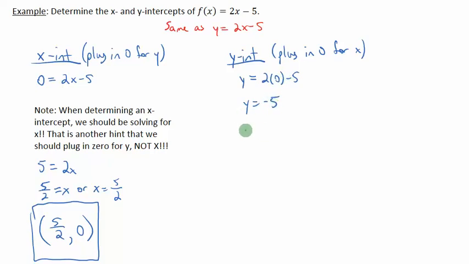So the y-intercept is the ordered pair where y is negative 5 and x is 0. So here we determined the x and y intercepts of this function, and the key was to rethink the equation involving a y. Okay, you may have seen intercepts before, but maybe not with functions. So if you have a function, think of it as an equation with y, and then it's just like every other intercept problem you may have ever solved.